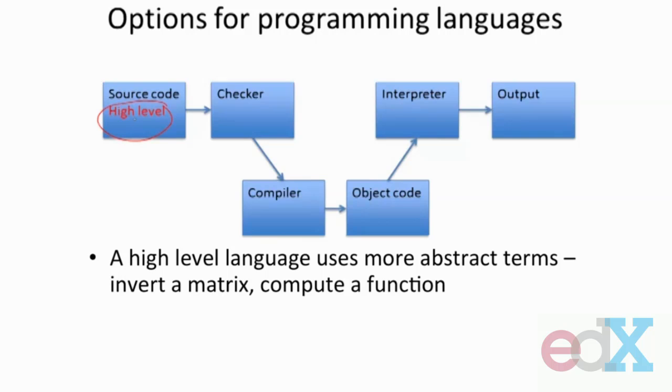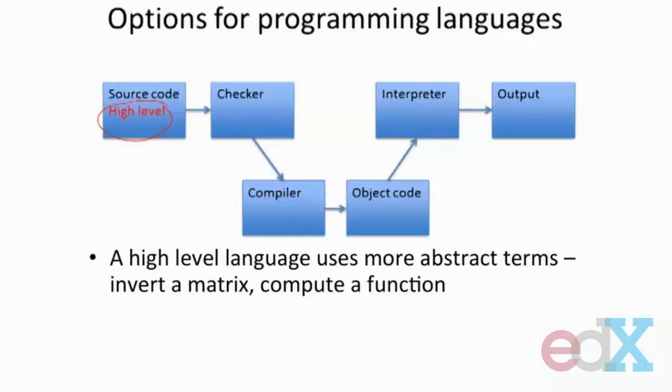A high-level language uses more abstract kinds of terms. We might want to talk about having the computer think about invert a matrix, compute a function, compare two complex data structures. We'd like to be able to program, if you like, at the level of thinking about higher kinds of abstractions. Now, here, again, we've got a choice.